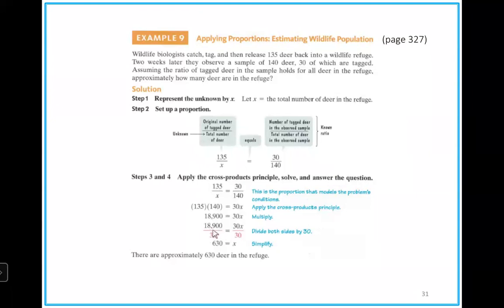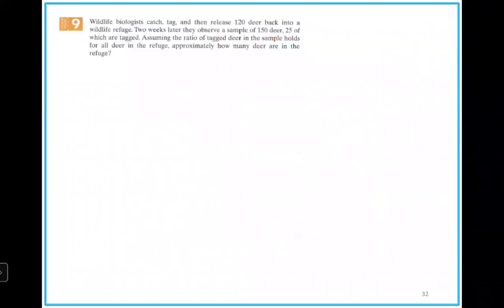So x would be equal to 18,900 divided by 30. So x is 630. We're not given an exact amount here. This is an approximation because we're just going based on our observations. So they're estimating that there are 630 deer in the refuge. Okay, so that's one approach where proportions can be useful in making estimates.